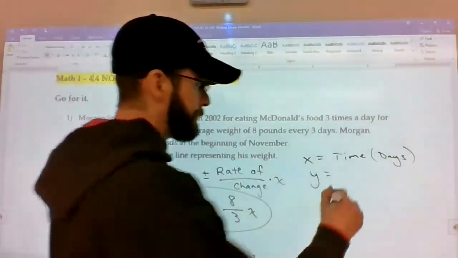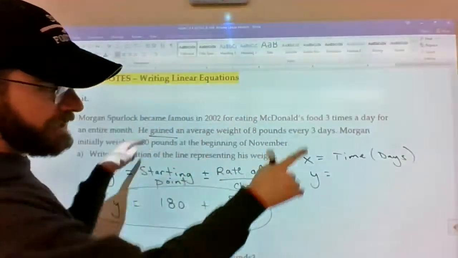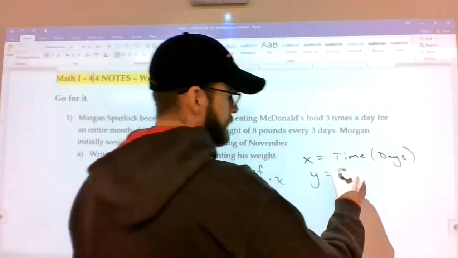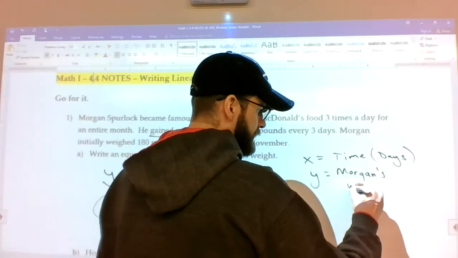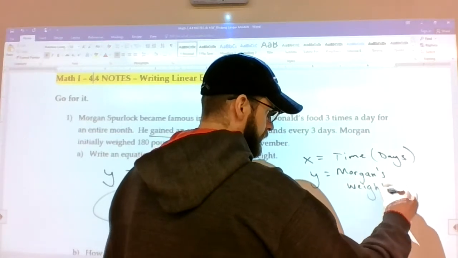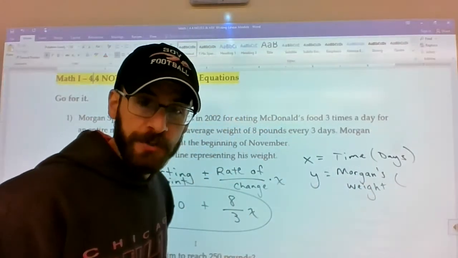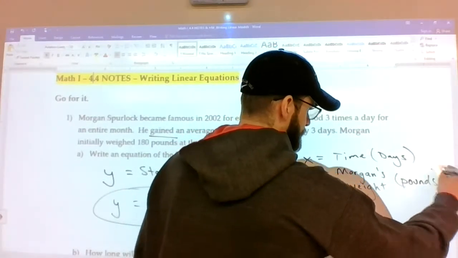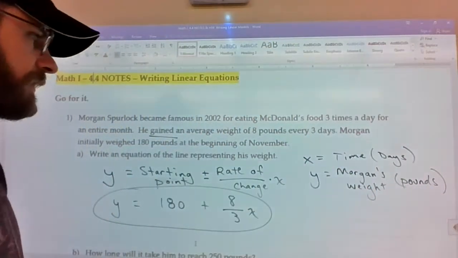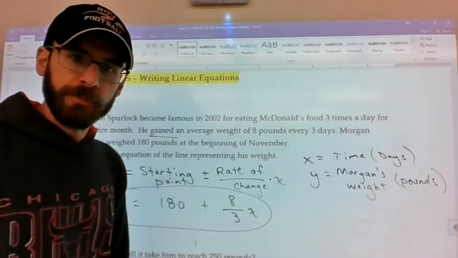Y is going to represent Morgan's weight. And in the US, we use pounds, or LBS.